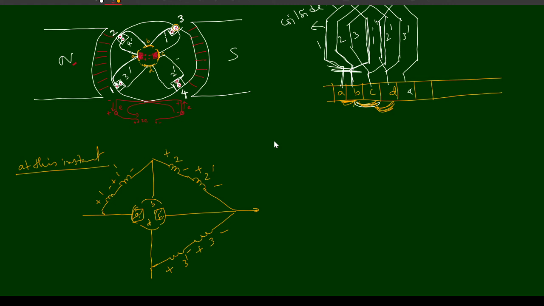And between D and A, coil 4 and 4 dash, this is again minus plus, this is minus plus.